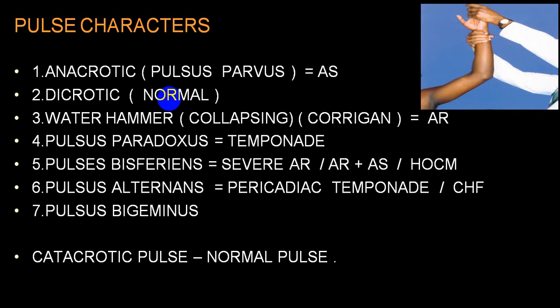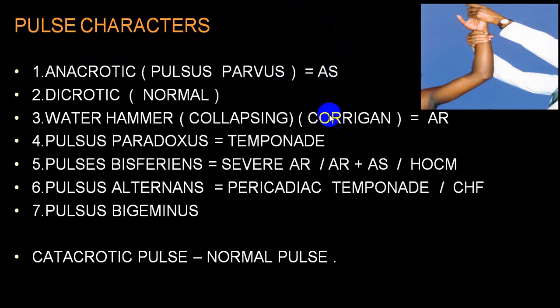So if you feel a dicrotic notch on a descending limb, you will say that this is a dicrotic pulse. If you see a low volume pulse and there is no dicrotic notch, then we call that a pulsus parvus or anacrotic pulse, which is a characteristic of aortic stenosis. You have to remember that there is something called an anacrotic pulse. The same is called pulsus parvus, and you will get it in tight aortic stenosis.